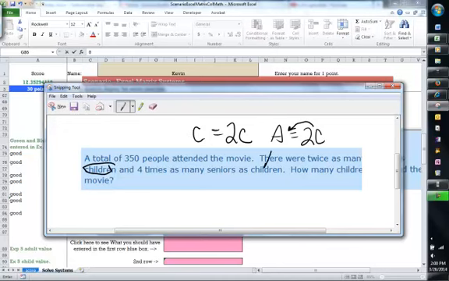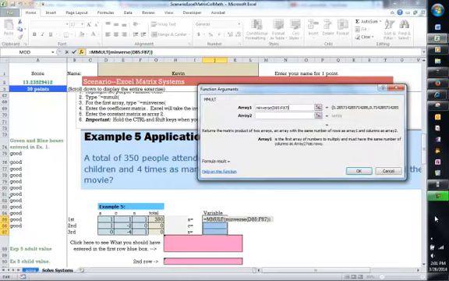Now when we do our variables, matrix multiplication, our first is MINVERSE, parentheses, get our 3x3 matrix here, close parentheses.